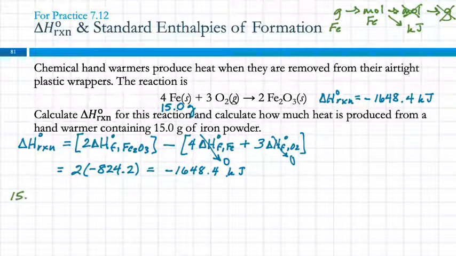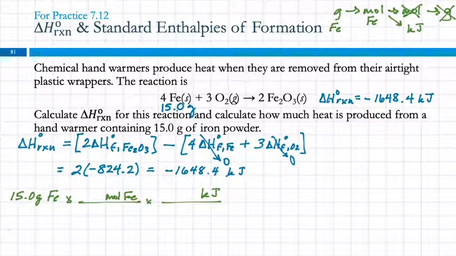So 15.0 grams of iron. I'm going to convert that to moles of iron, and then to kilojoules. And so grams of iron come down here. So the units cancel out. And moles of iron come down here. So the units cancel out.